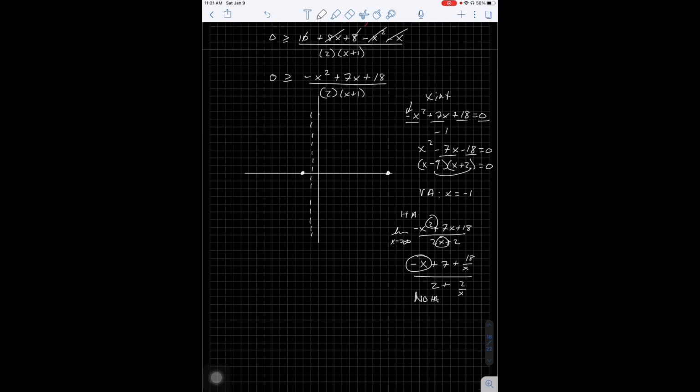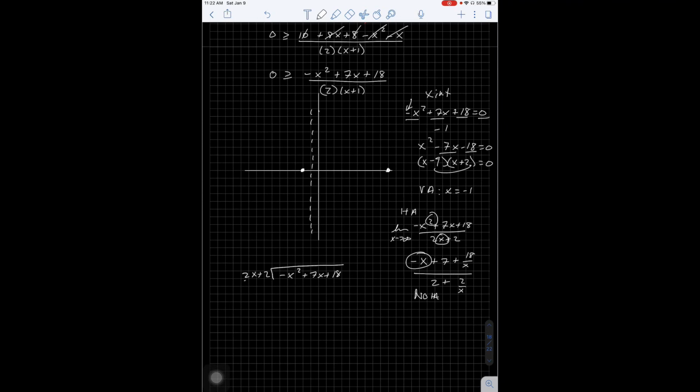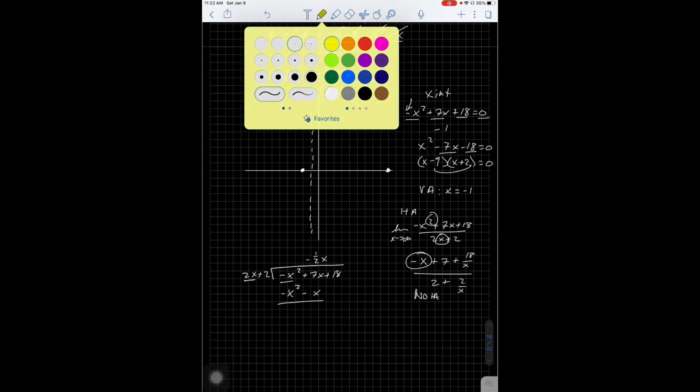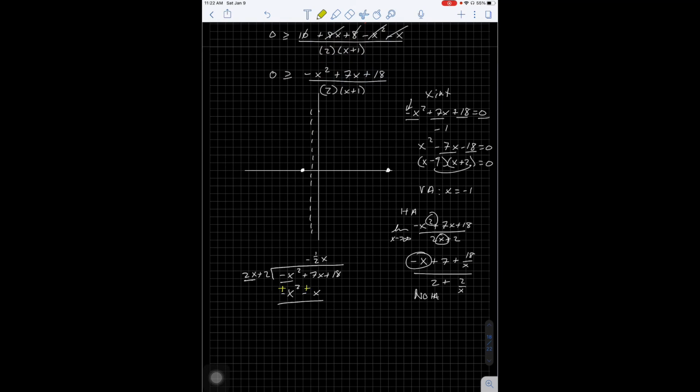So we divide negative x squared plus 7x plus 18 by 2x plus 2. What do I multiply 2x by to get negative x squared? The answer is negative 1/2, because I want that 2 to go away. So I multiply that out, I get negative x squared minus x, and I'm going to change both of those signs, plus plus.